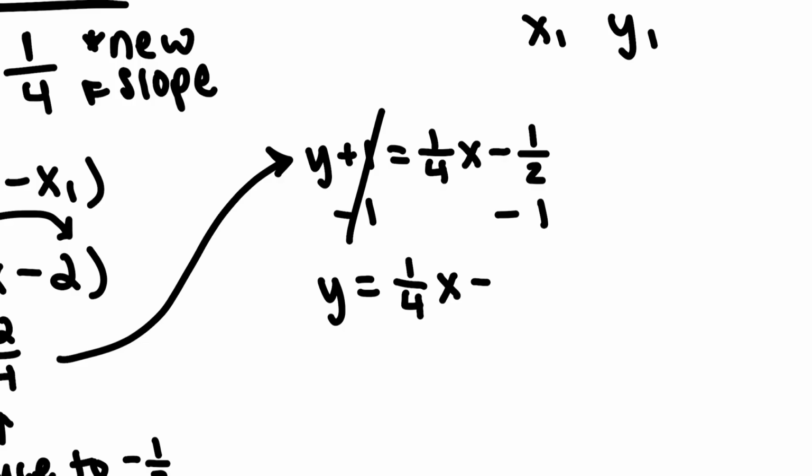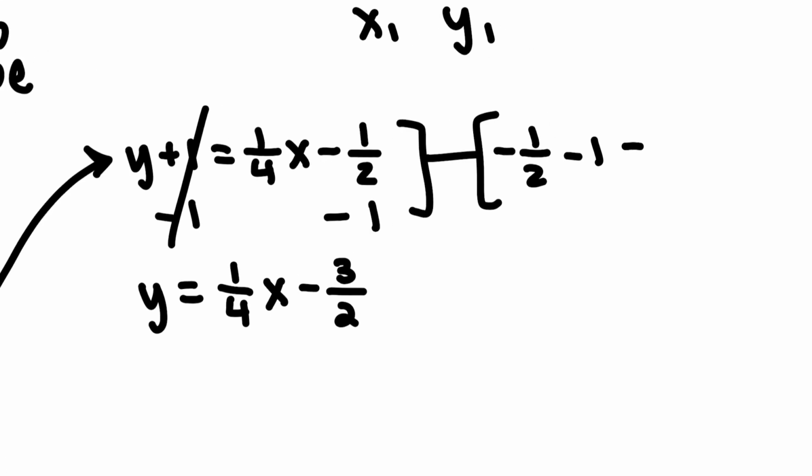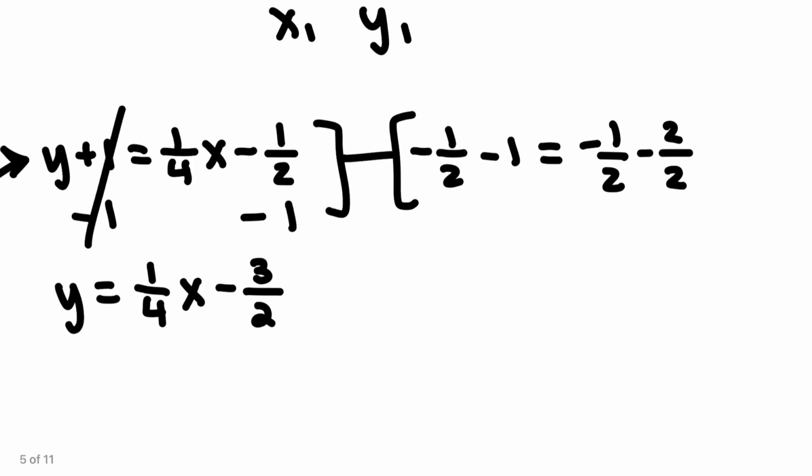But negative 1 1/2, like, we don't like having a mixed fraction like that. So negative 1 1/2 is the same thing as negative 3 over 2. Okay, so again, negative 1/2 minus 1 like what we did here, this is going to be negative a half minus 2 over 2.